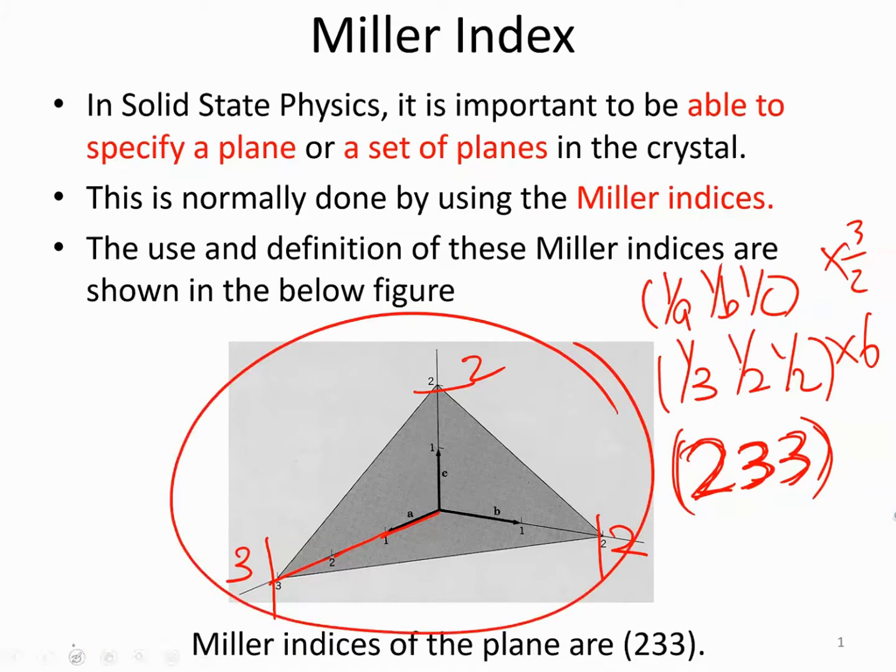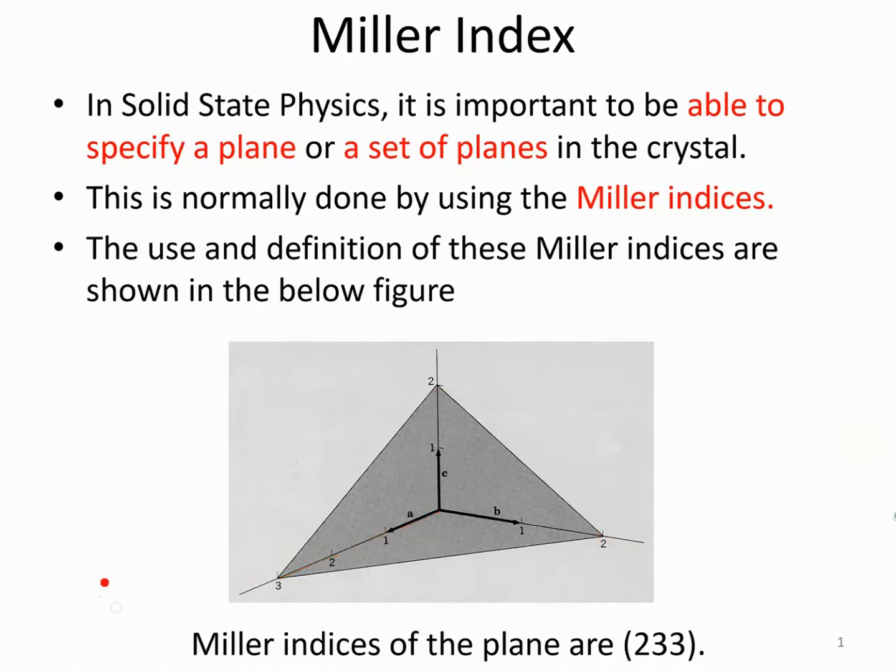I repeat again. I want to get the Miller index for this plane. So I have A equal to 3, B equal to 2, C equal to 2. The proper way to write the Miller index is HKL, and all of H, K, L must be integers.